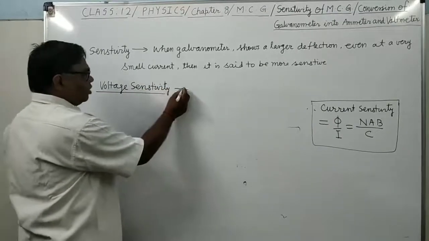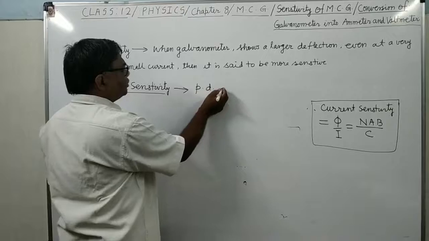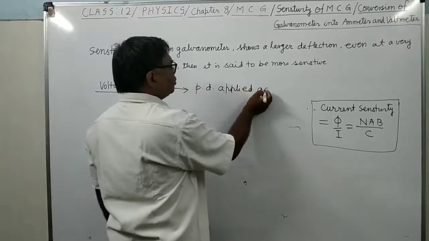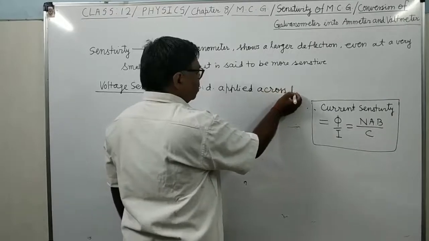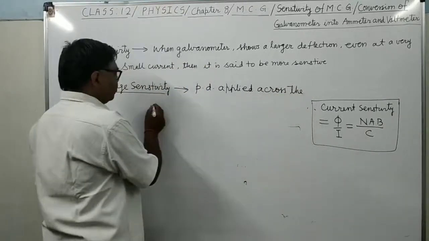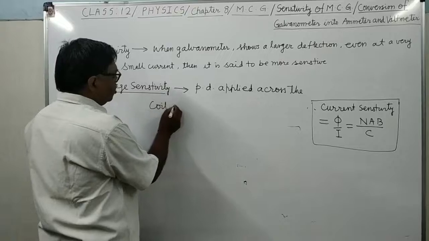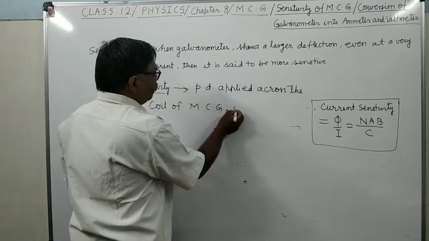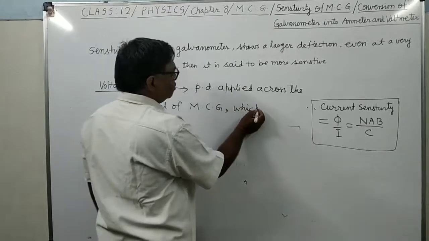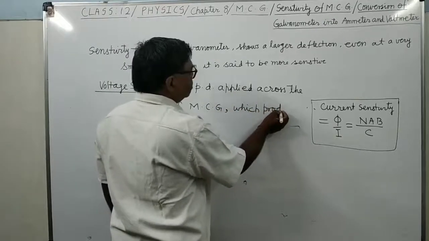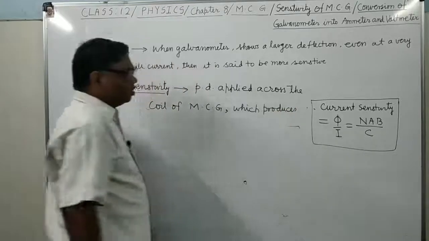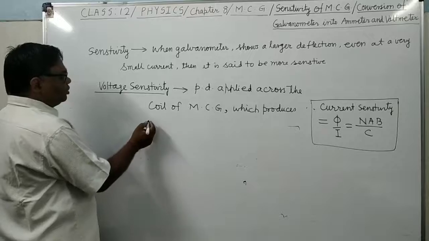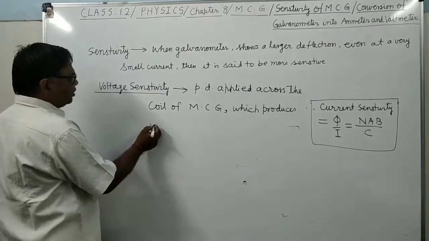It is the potential difference applied across the coil of a moving coil galvanometer which produces unit deflection.